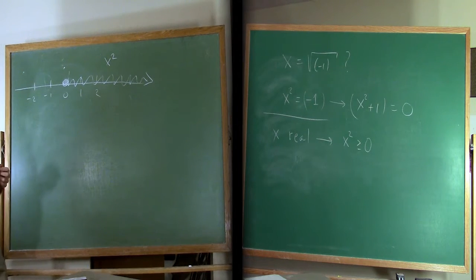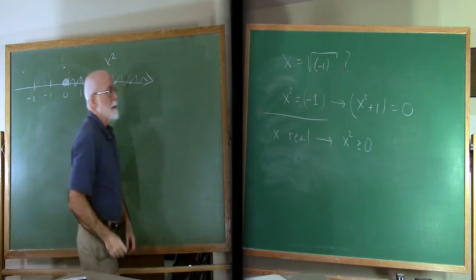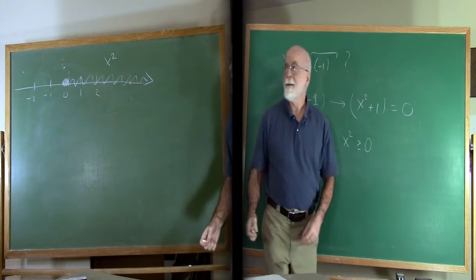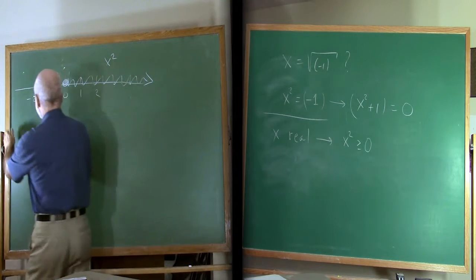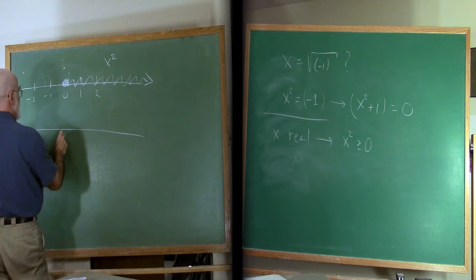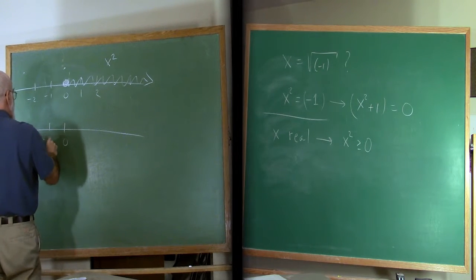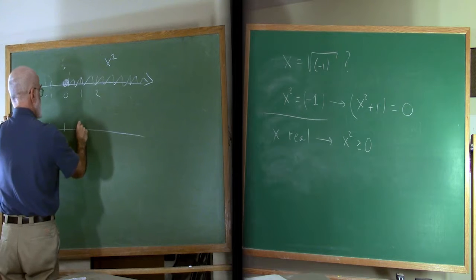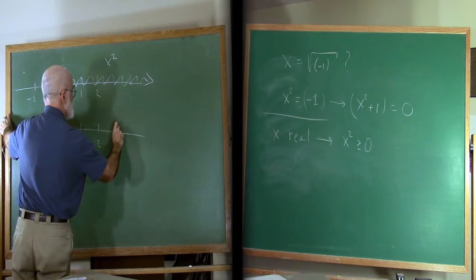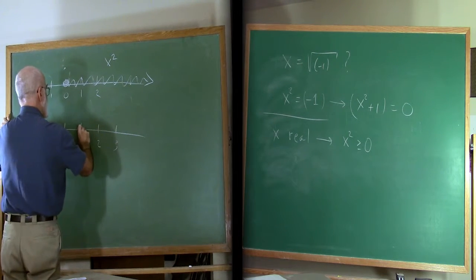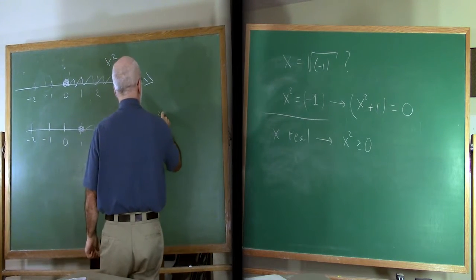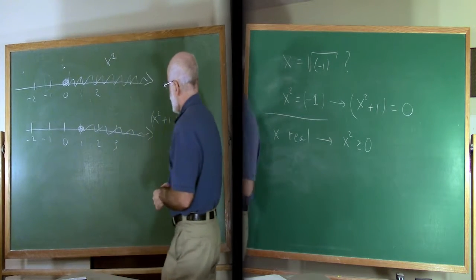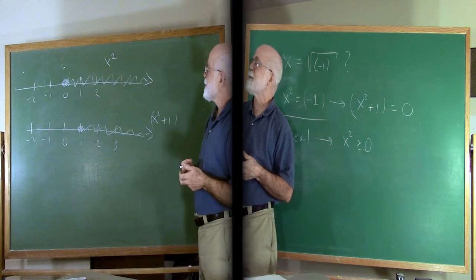Here are the possible values of x squared. Then we're adding 1. That's going to shift that shaded stuff over to the right. There's where x squared plus 1 is floating around.